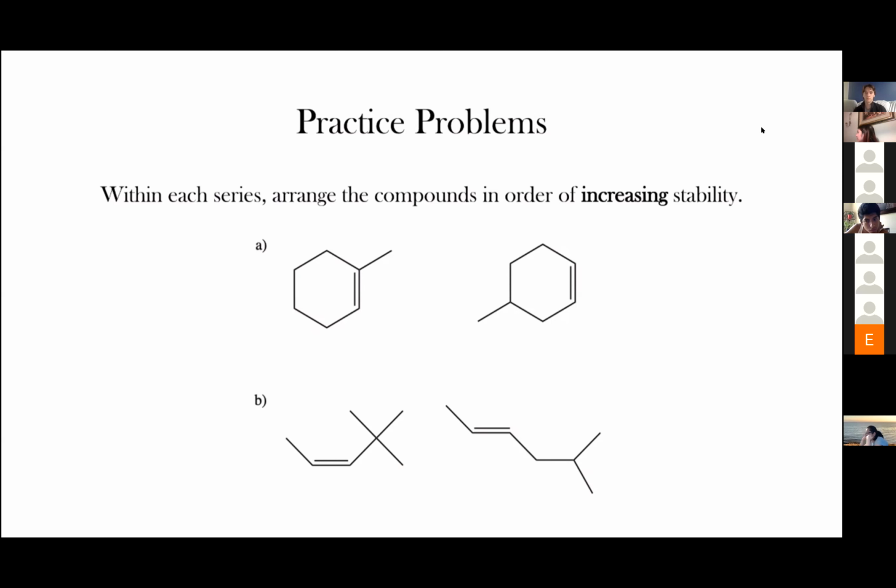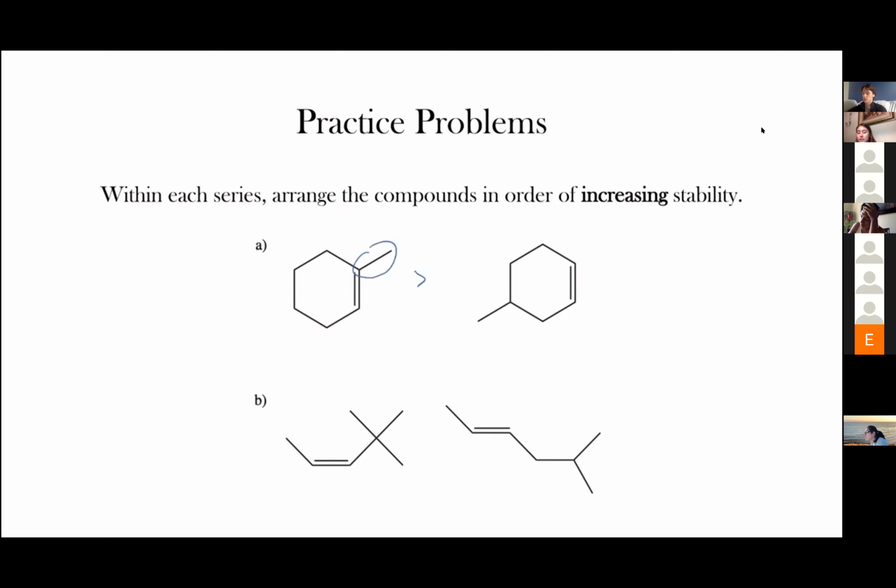The one on the left. Yeah. Good, yep. So the one on the left is gonna be more stable. Can you tell me why you thought that? Because there's three sp2, sp3 bonds versus the one on the right, which only has two. Perfect.